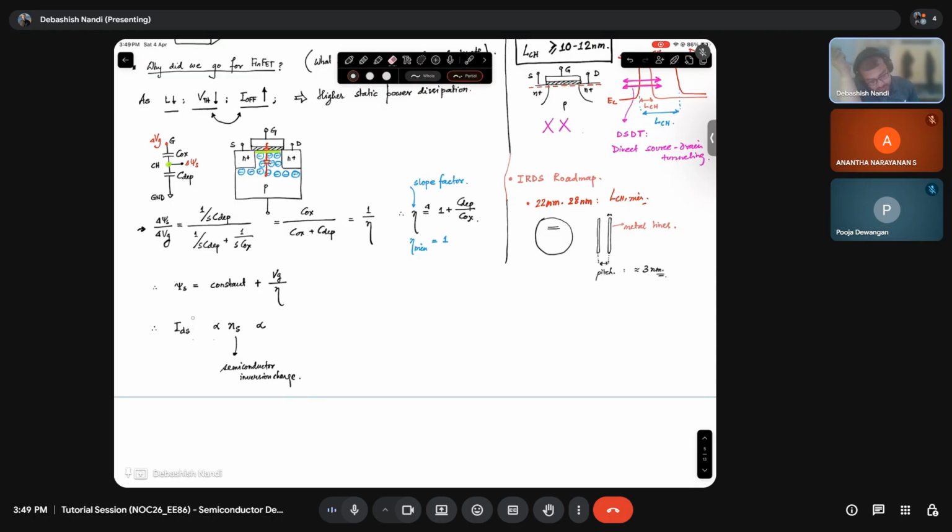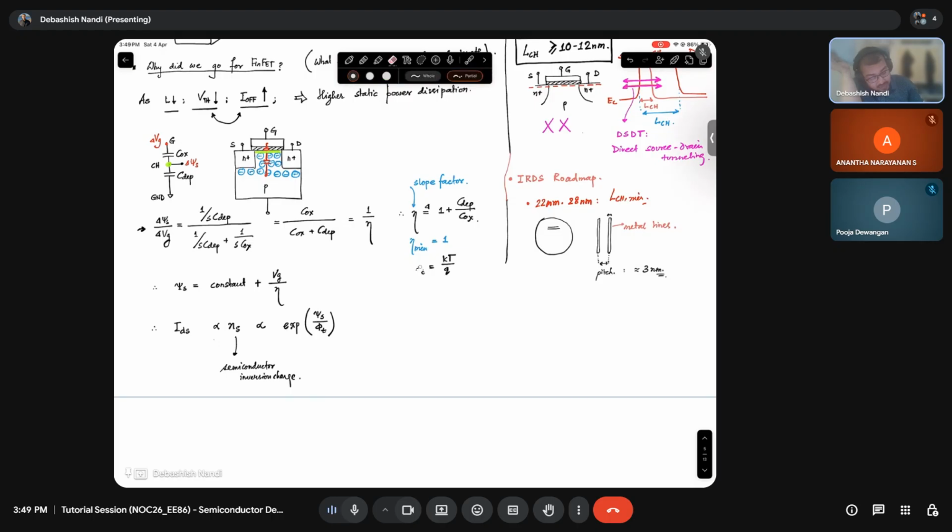Let's remove this. Normally it will be like this, and that will be proportional to what? We know that exponential psi s by phi t. So phi t is nothing but kT by q.